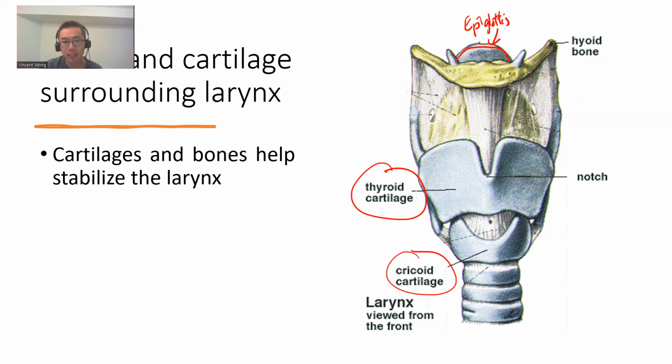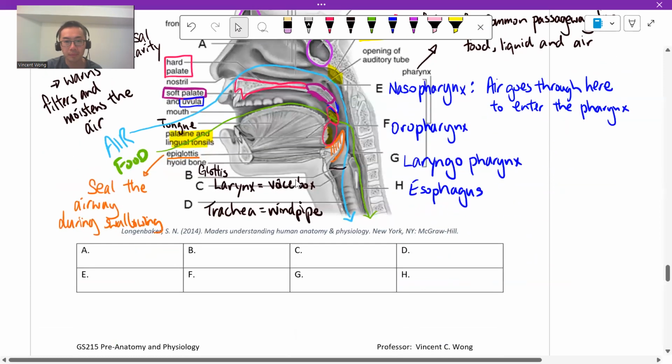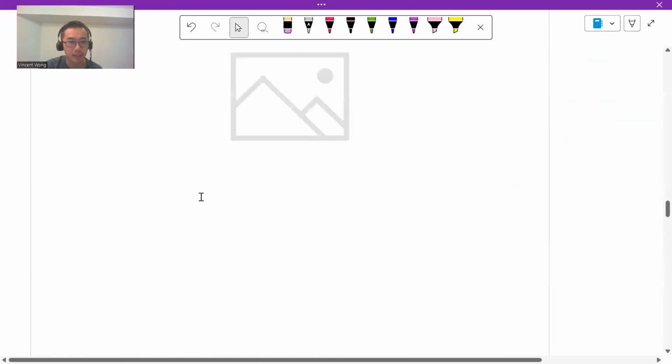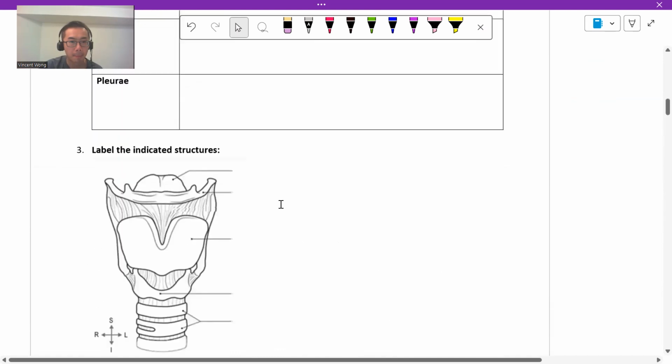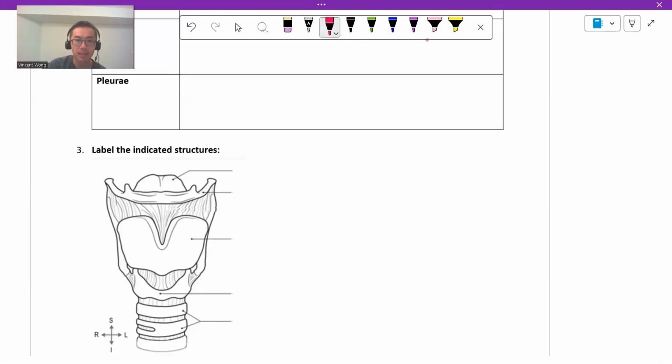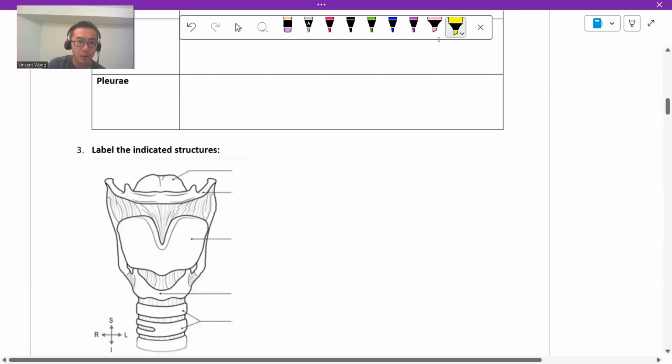And then you have another cartilage down here called the cricoid cartilage. So maybe we can label these on the diagram. There's a diagram right here. Okay, I'm just gonna label some of these things. Over here first. This is from the front, okay?